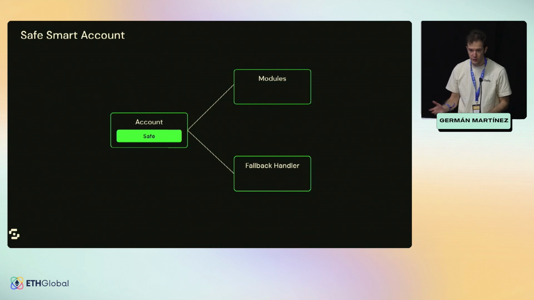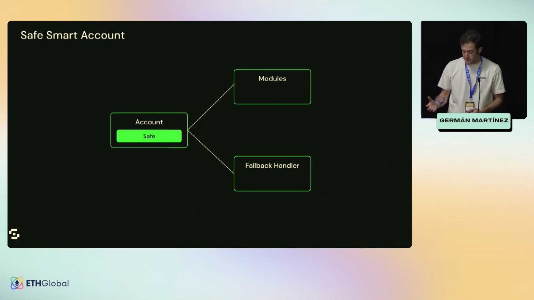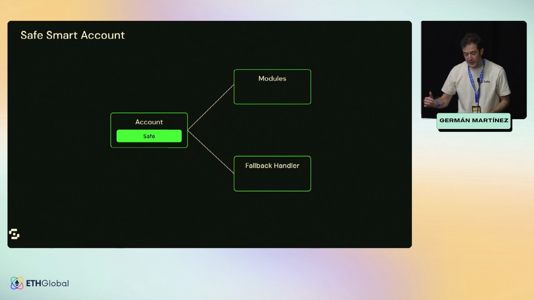There are some more that we will not cover in this workshop, but here, for example, modules allow to extend the functionality of the SAFE by implementing some logic in this module, and modules have access to execute transactions in the SAFE. They can be used, for example, to implement recovery mechanisms, different ways of authentication, and very soon we will see how they will help as well integrating the 4337.